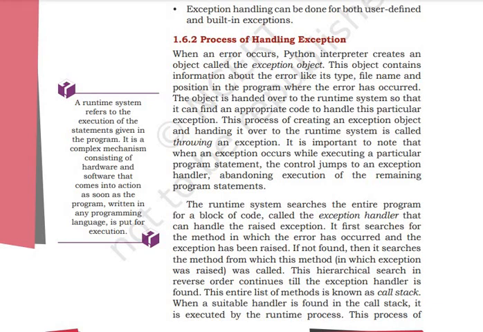When an error occurs, the interpreter creates an object called an exception object, and this object contains information about the error: the type, file name and the position where the error has occurred.